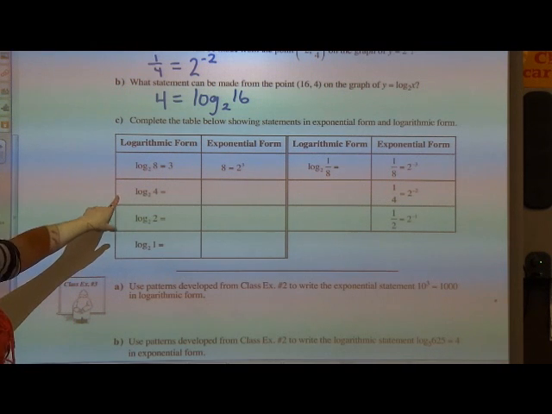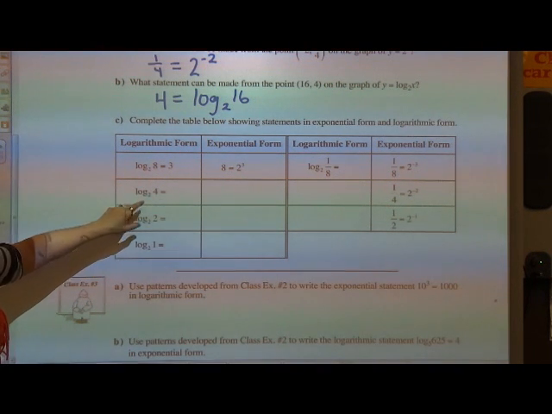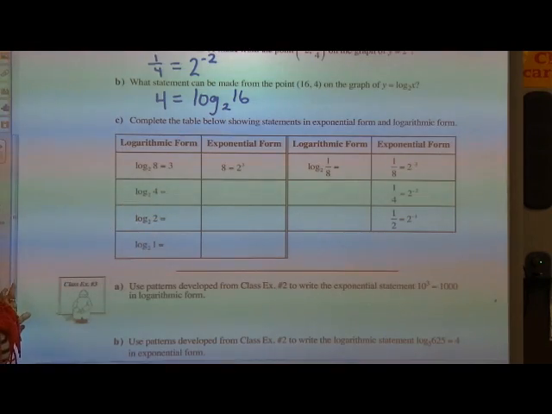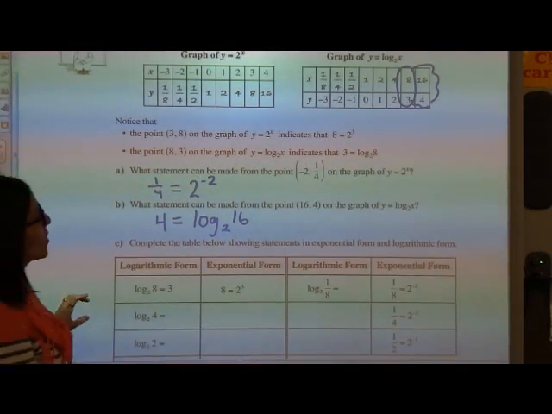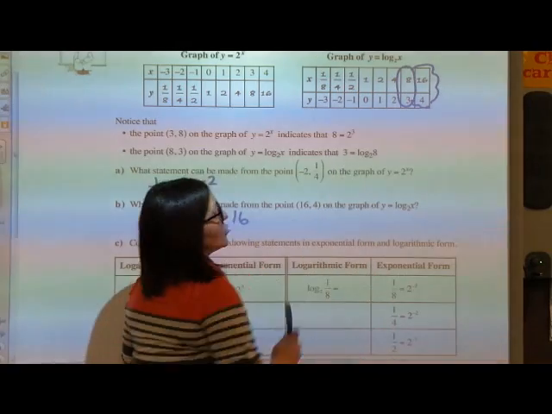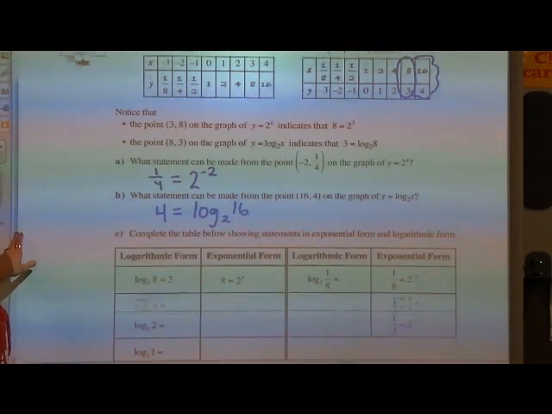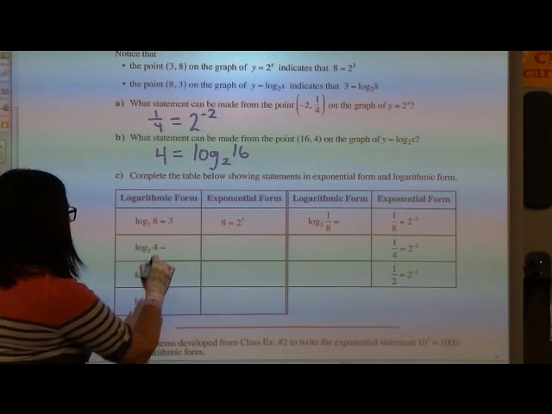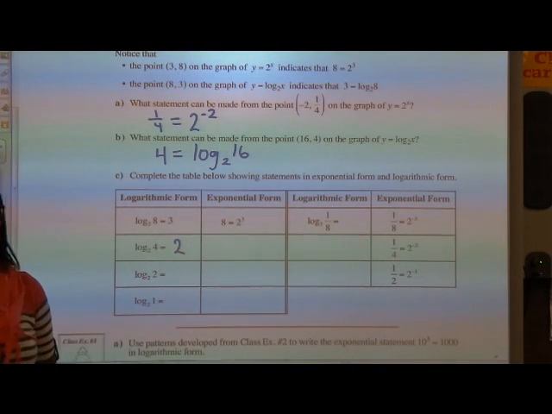If I look at my log base 2 of 4, remember this is my x value, so when x equals 4, y equals 2. So log base 2 of 4 equals 2.